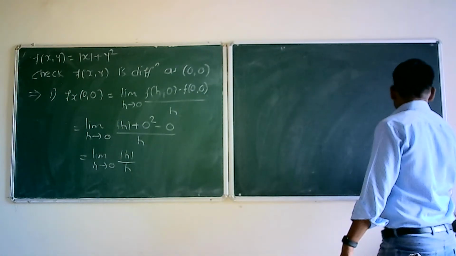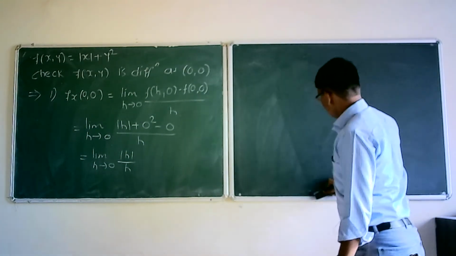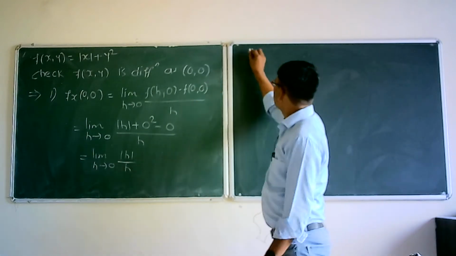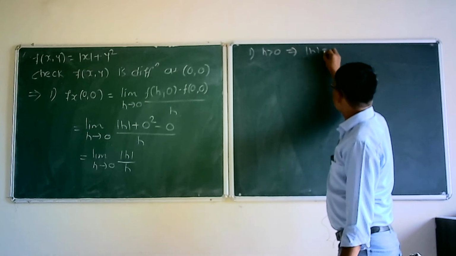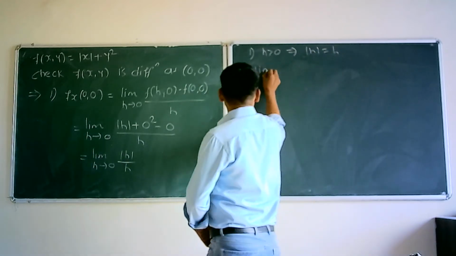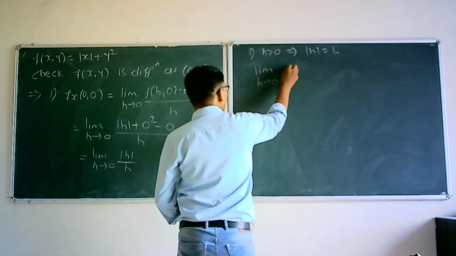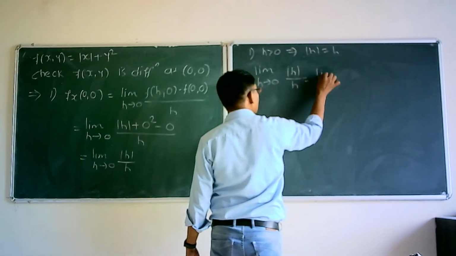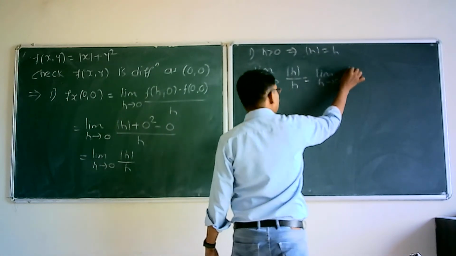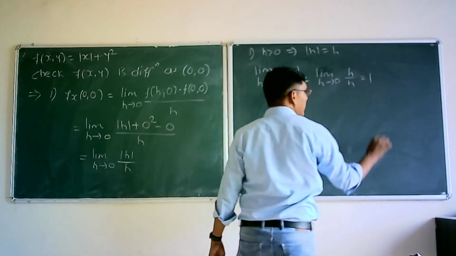Because if h is greater than 0, then mod of h is equal to h, and limit h tends to 0, h divided by h is equal to 1.